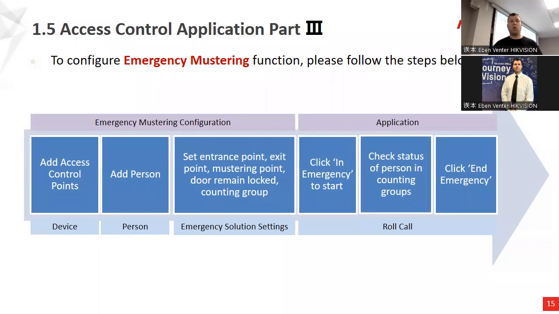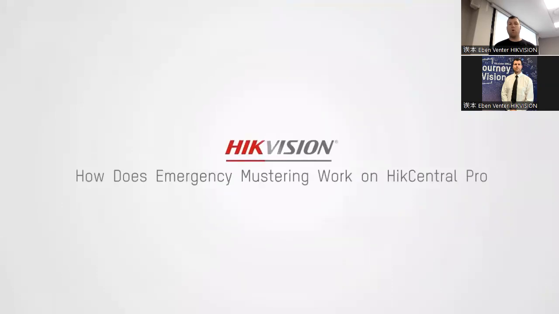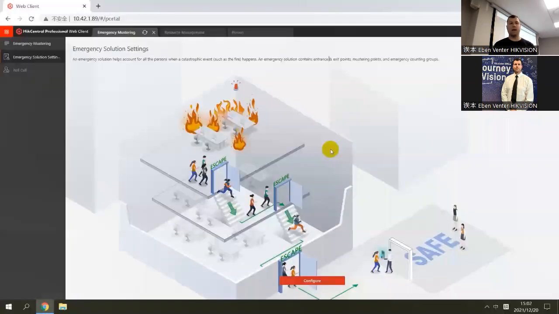You open up the door, it will allow you access completely, but it will still send that notification to the emergency company. Let's go through that quickly. And as I mentioned, we have shown this before, but we just want to highlight this again.